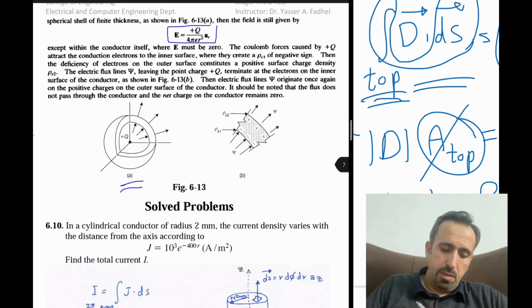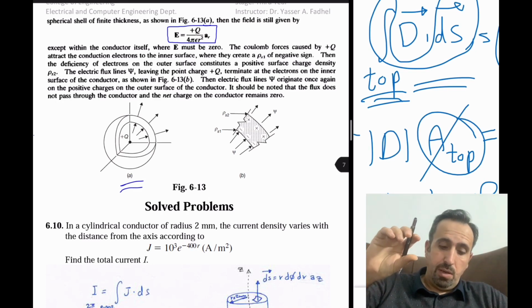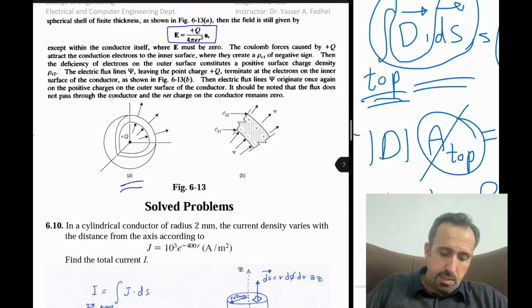And whatever took place on the spherical shell is shown in figure B.